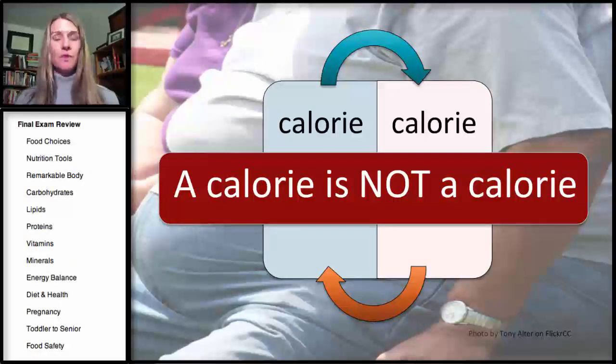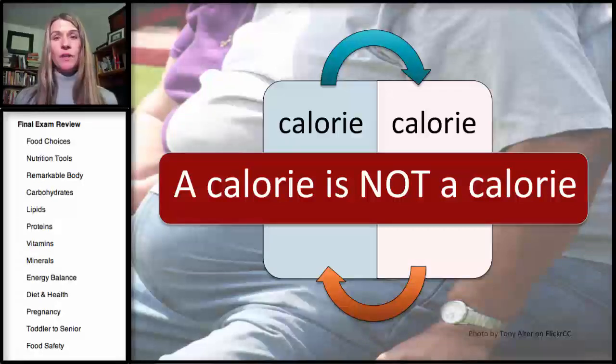But whatever comes with them, whether it's a whole food and it comes with phytonutrients and fiber, or if it comes with a bunch of food additives, that is going to determine what really happens to that calorie, whether it's going to get stored as fat. It's going to change the hormonal balances in our body.